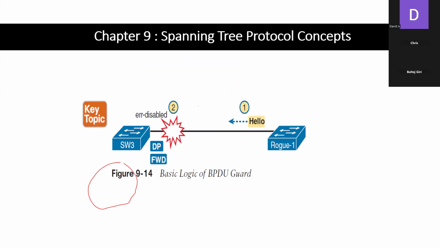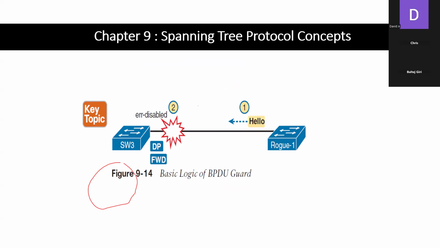Another optional STP technology that I love is BPDU Guard, right? So we talked about all of the great things with PortFast, right? How, as long as layer 1 and layer 2 comes up, it immediately gets assigned a designated port role and sets in a forwarding state. But that creates a vulnerability.